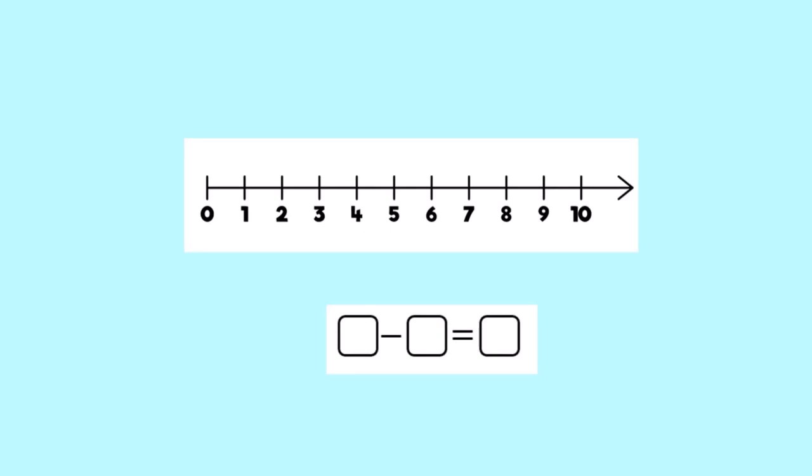This time, instead of using a number track, we're going to use a number line. Remember, we are subtracting by counting back. I am going to start on the number 10. So let's put 10 in my number sentence. I am going to subtract 4. So because I'm using my number line to count back, I'm going to do 4 jumps.